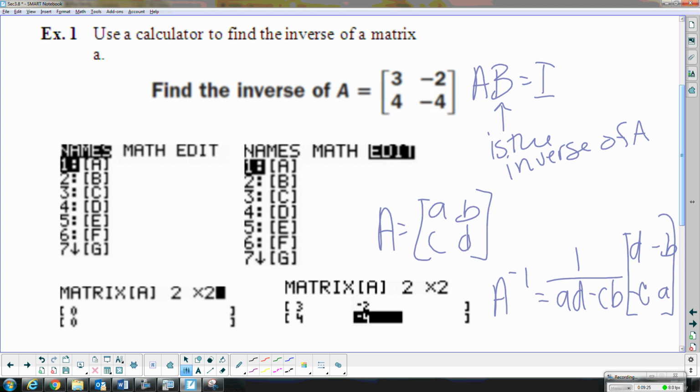That's by hand, and you can do that with a 2 by 2 matrix. We're definitely not going to do anything beyond a 2 by 2 matrix by hand, but you could do this 2 by 2 matrix by hand. But we are going to use the calculator for this.